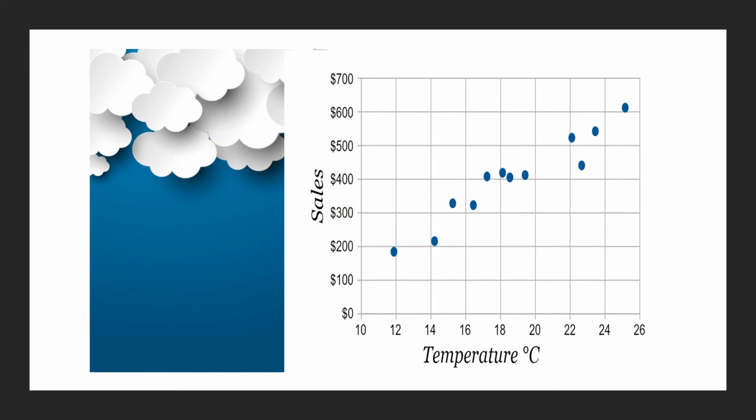The temperature on the x-axis, response variable on the y-axis, and we have the points scattered all over. Now we need to fit a line of best fit for this.